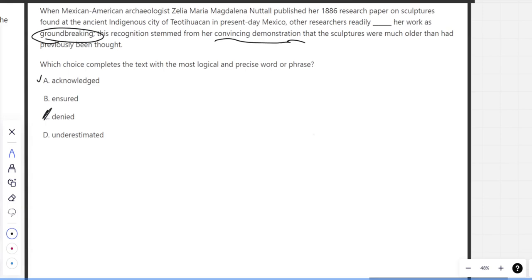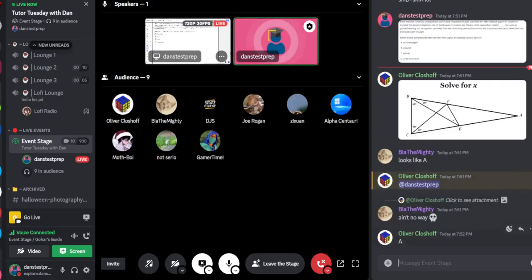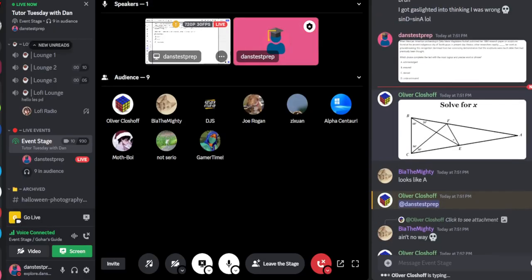That just doesn't fit with the context. Underestimated, probably not, doesn't fit either. Really, I would say acknowledged makes the most sense. People understood this and said, yes, this is definitely groundbreaking. Ensured means they went above and beyond to prove that this was groundbreaking. We get A? Yeah, nice.